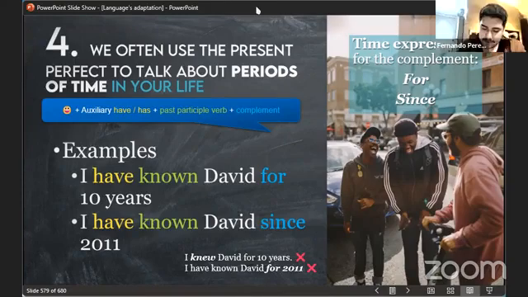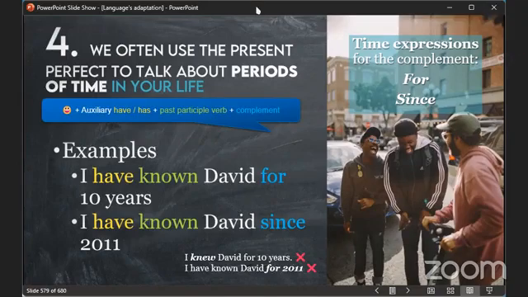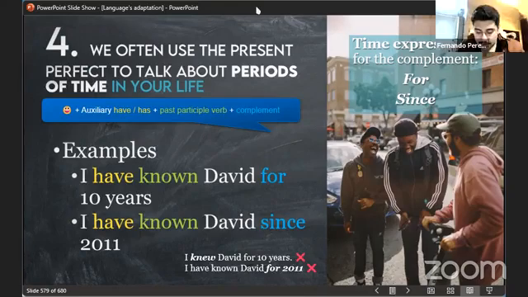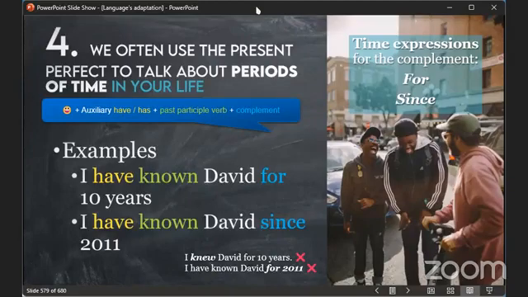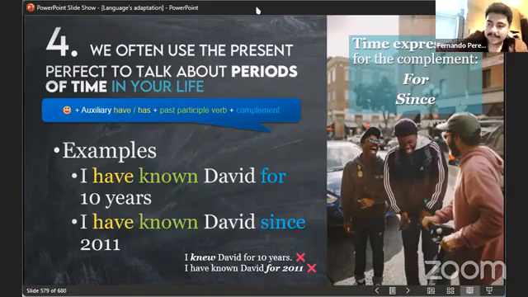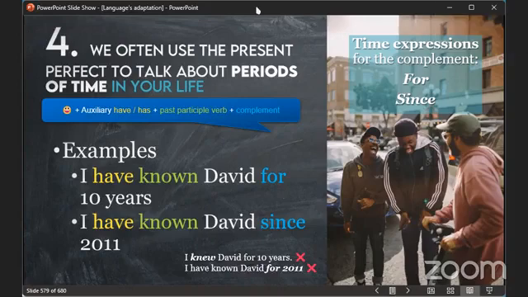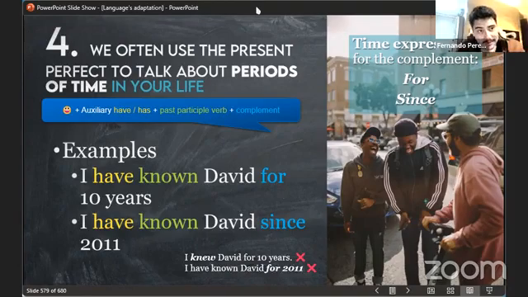You have trained in the gym. Very good. If the gym is connected, you need a connector. In the gym. I have trained in the gym since 2018. Oh, interesting. Since 2018. Good.